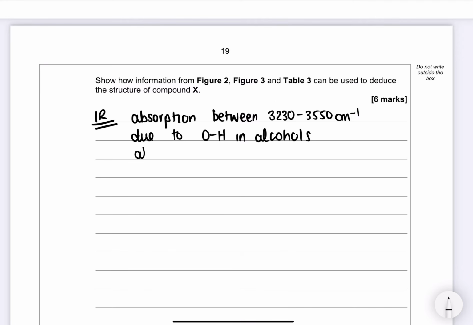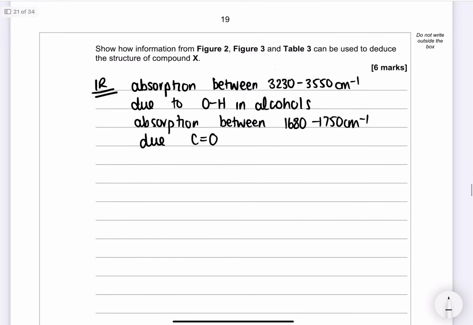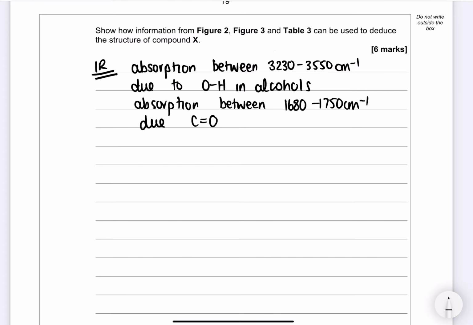We also had a characteristic absorption between 1680 and 1750 centimetres -1 due to C double bond O. You could mention the CH, but it's not characteristic because all organic compounds are likely to have that.